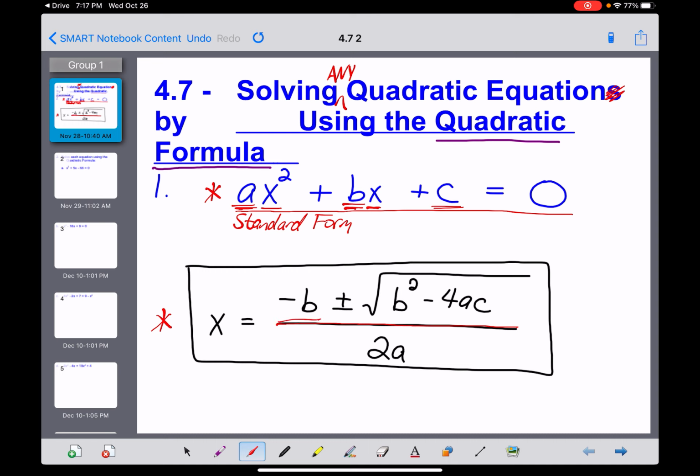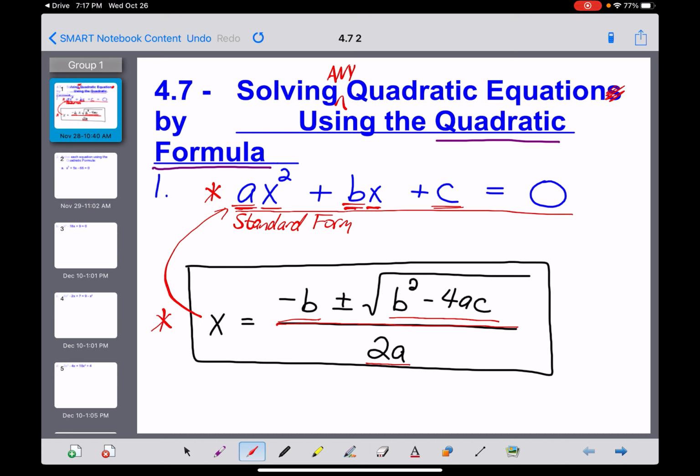The opposite of b plus or minus the square root of b squared minus 4ac, all of which gets divided by 2a. And again, the a, b, and c that we're referencing in this formula all come back to the standard form of a quadratic equation, the a, b, and c that we see right there.